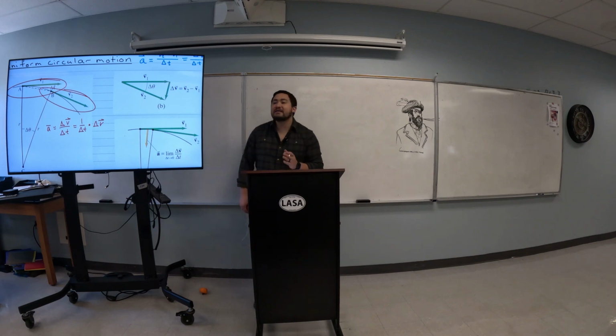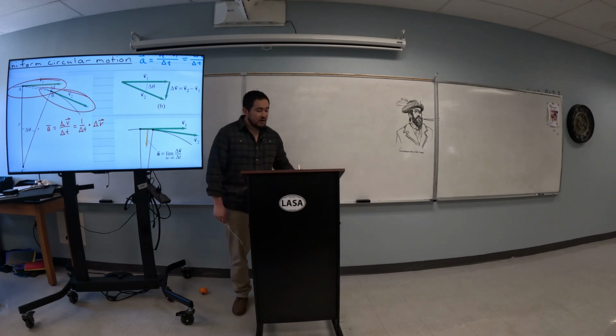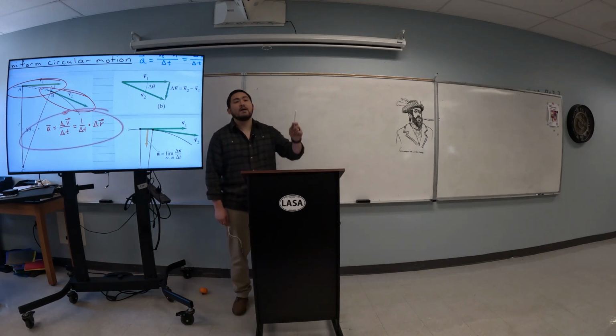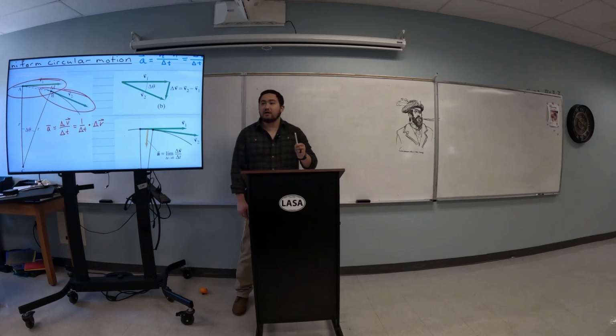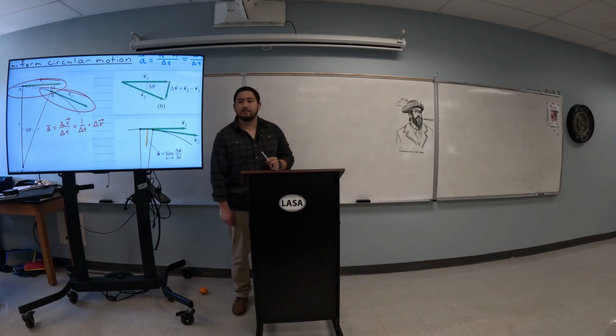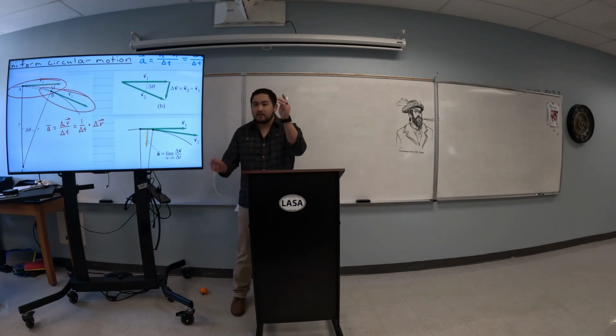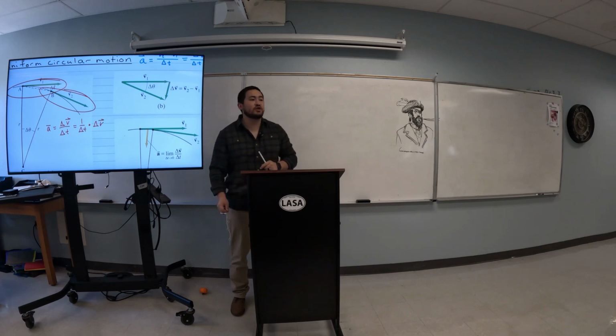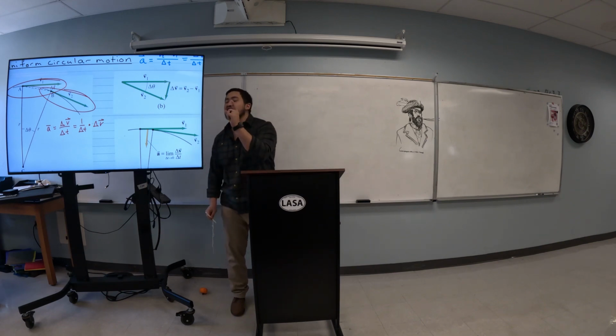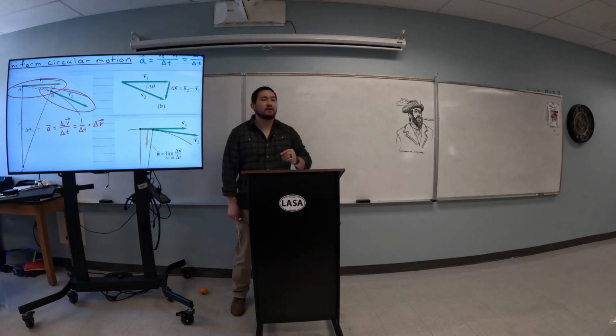So that must mean that the direction of my acceleration, based off of the argument that I made here, must be towards the center of my circular path. We can test this 1,000 different ways with 1,000 different changes in position on the circular path. You're always going to get a change in velocity that points towards the center.